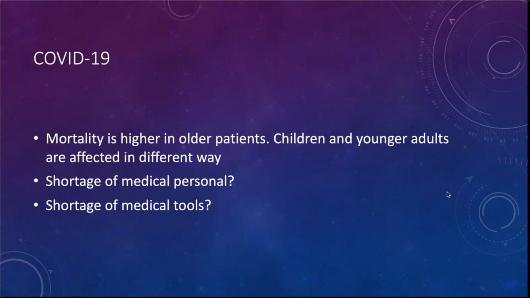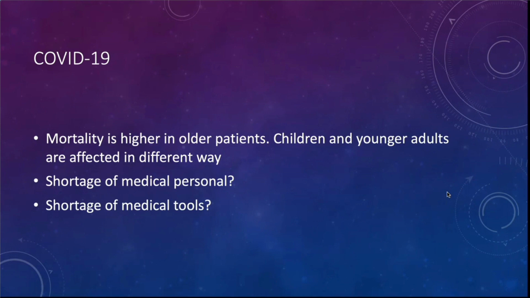As far as shortage of medical personnel, that is controversial. We know that in 1918 there was for sure a shortage of medical personnel. Now it depends on the area. And also remember that now we have a big community of patients with chronic diseases who are living longer.